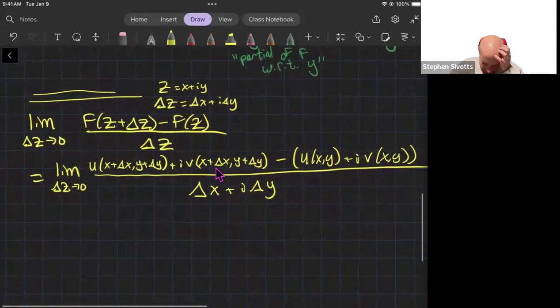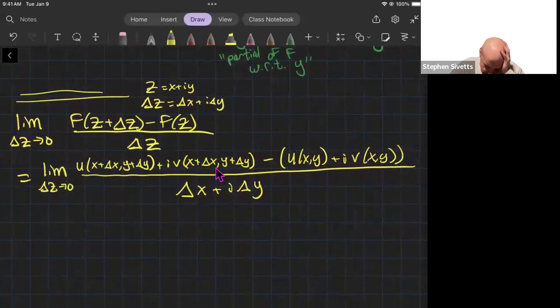Okay, so this would be the limit of this quantity here, reduced down into the real and imaginary components.